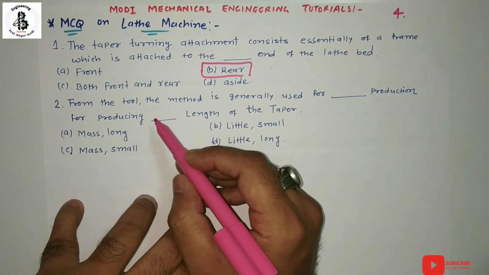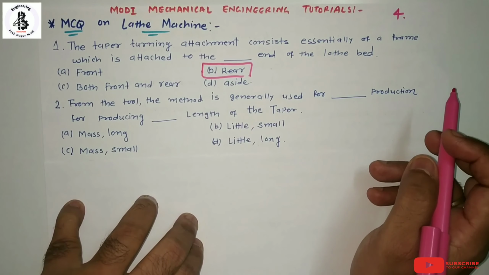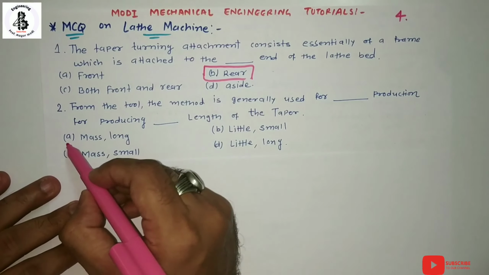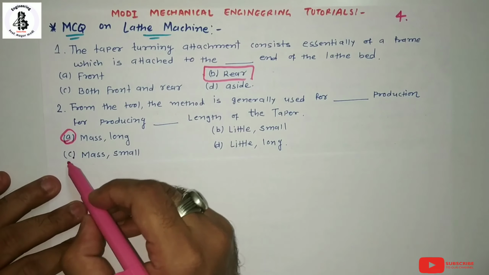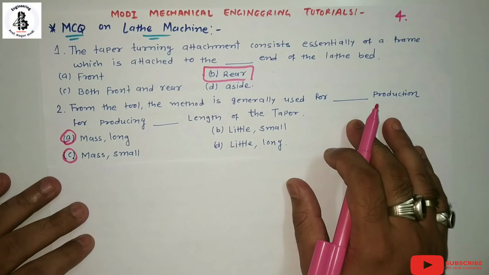The form tool method is generally used for mass production, so there are only two possible options: option A, mass, and option C, mass with small.